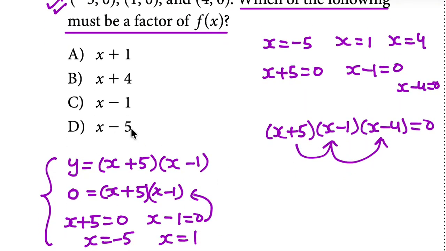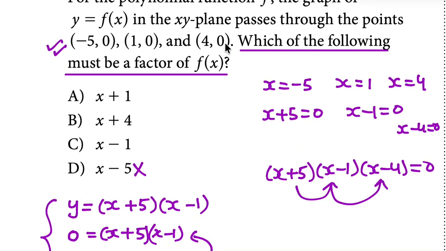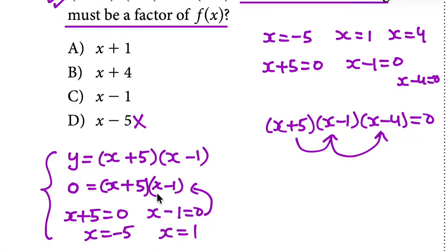Now let's check the options. This is not x minus 5, this is x plus 5. Here is the trap. This question is so beautifully made that you may think that because this is 4, so x plus 4, and this is -5, so x minus 5. But if you see the whole concept, we are just doing the opposite of what we have learned.